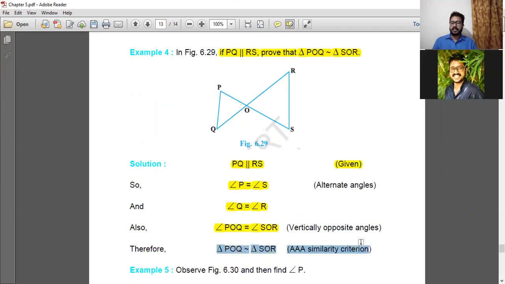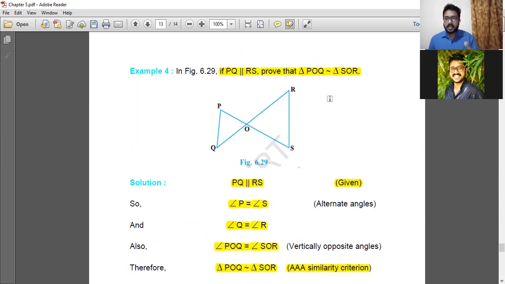Clear? That's all. This is very easy. So this is how we use these similarity criteria. And whenever you are writing anything, let me tell you one more thing: give the reason why you are writing so. Here I have written alternate angles, and here vertically opposite angles.